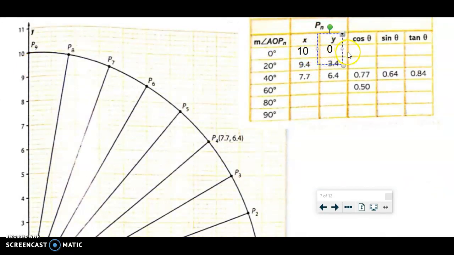So 10 divided by 10, which is 1. Our cosine here would be 1. Our sine would be 0 divided by the radius, so 0 over 10, which would be 0. And then our tangent would be 1 over 0, which is undefined. You can't do that.